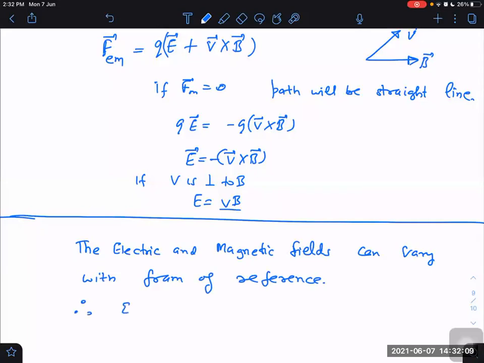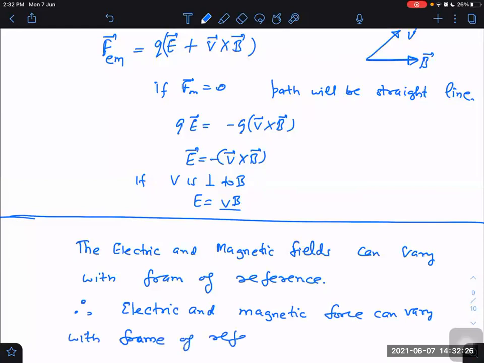Therefore, electric and magnetic force can vary with frame of reference.